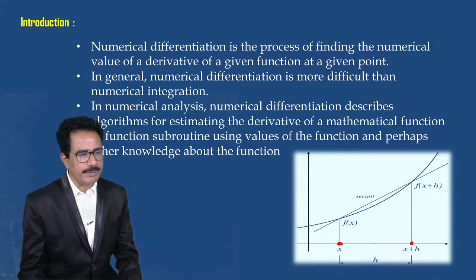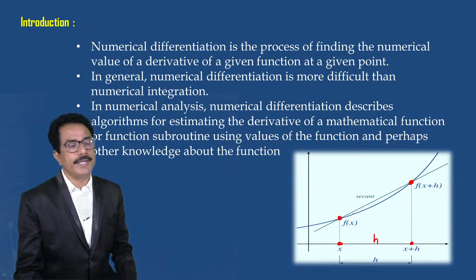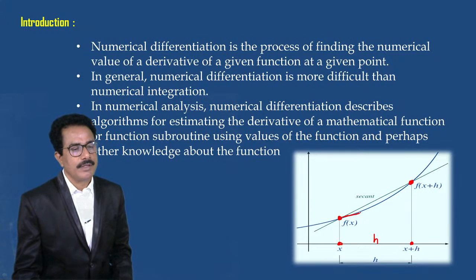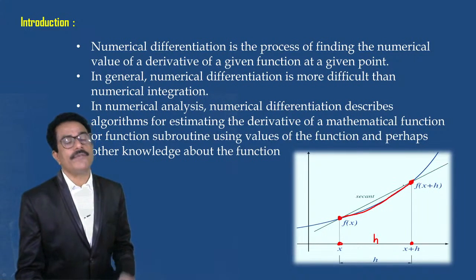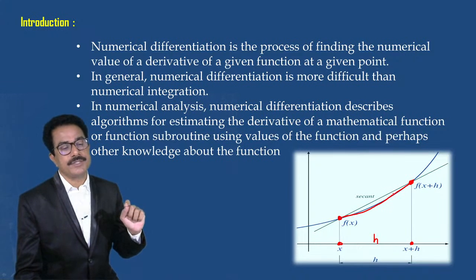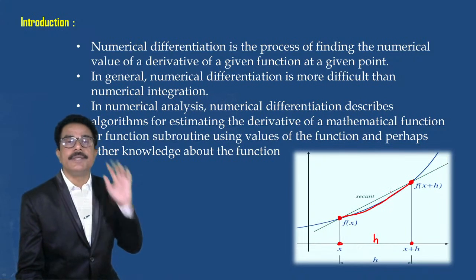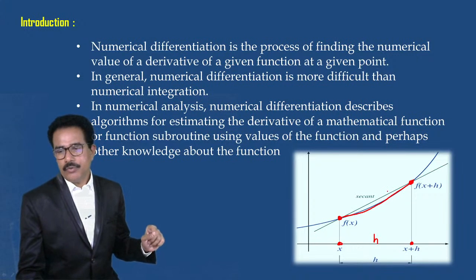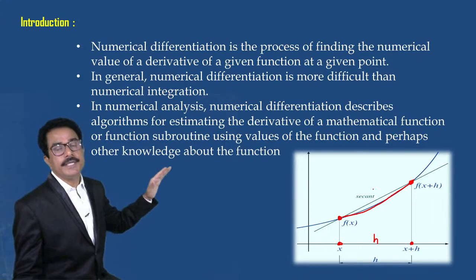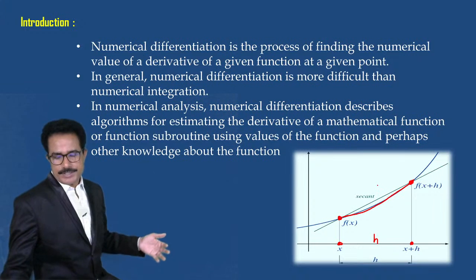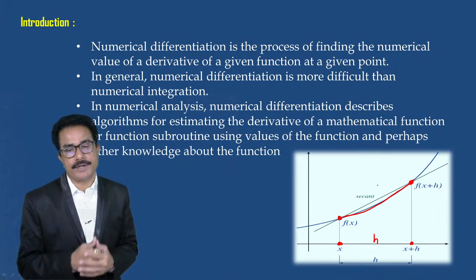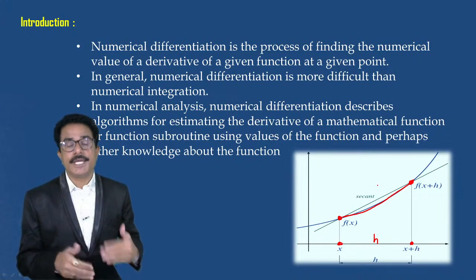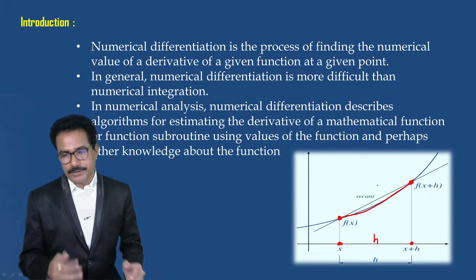This is point x plus h, this is the interval, this is f of x, this is f of x plus h. Now if we minimize this difference, f of x plus h minus f of x divided by h, then it will be the slope. Okay. So in this way, from the numerical differences we can obtain the derivative of the functions.